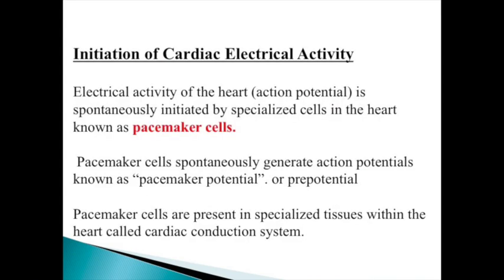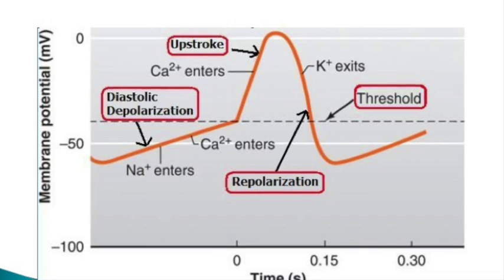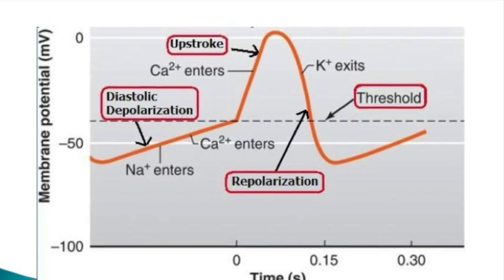The SA node is the natural, normal pacemaker of the heart. Slide 35. It's well apparent from this diagram and curve that the SA node, which is the normal pacemaker of the heart, starts slow, spontaneous, diastolic depolarization until it reaches a certain threshold.